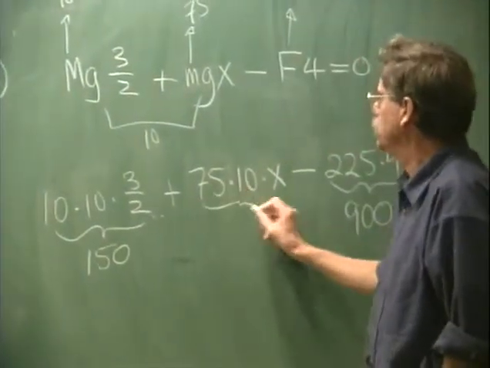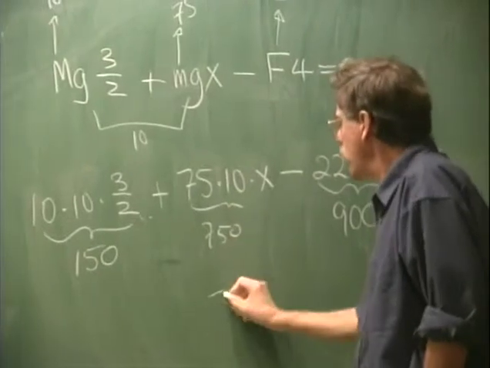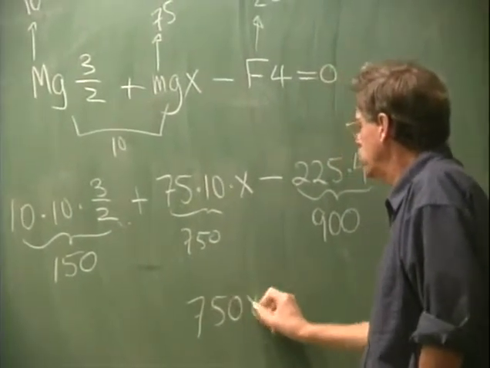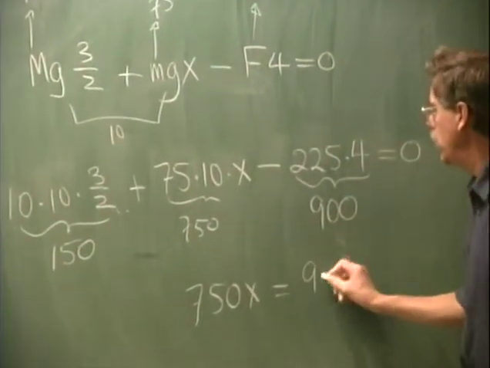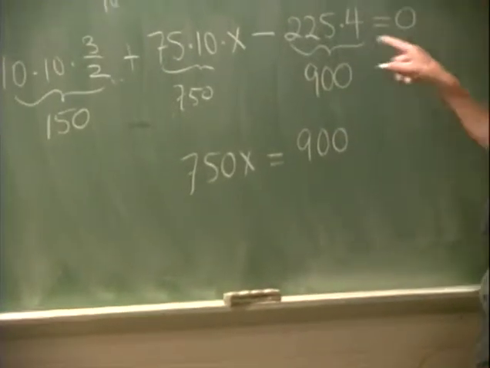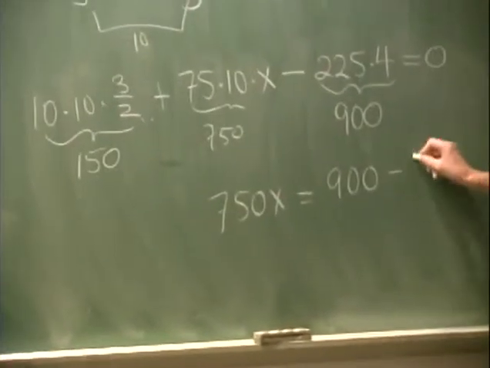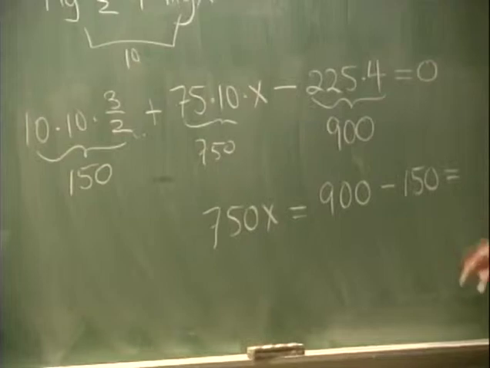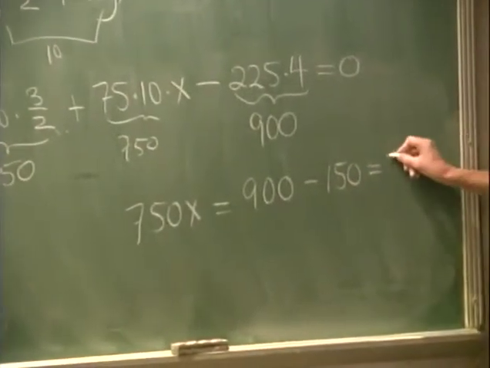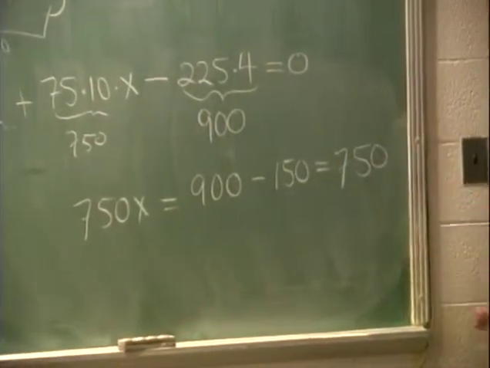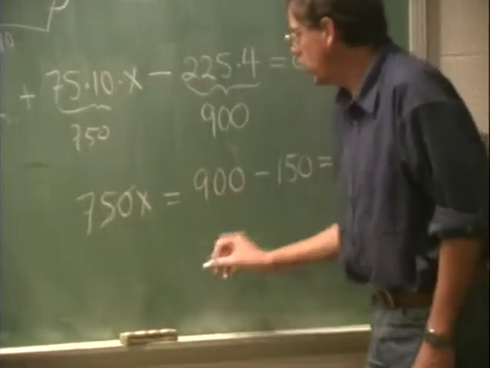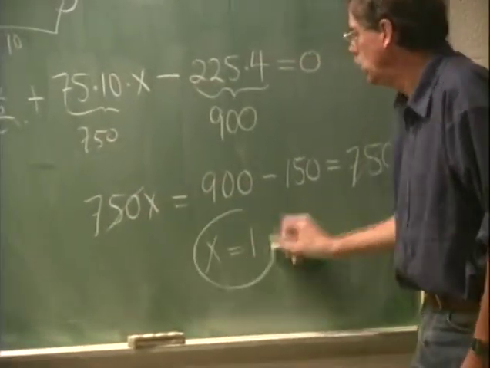And this of course is 750x. So 750x is equal to 900 on the other side, bringing it over, minus 150, which is 750. How about that? The 750s cancel. x equals 1.